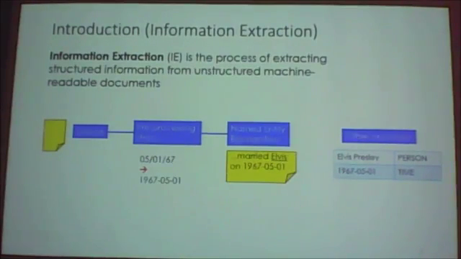Then after that, utilizing the information, you can do whatever you want with the entities. For example, that one is to take out the Elvis and classify it as a person and the date.